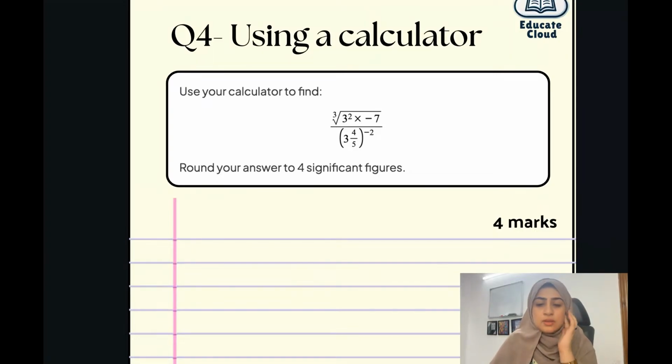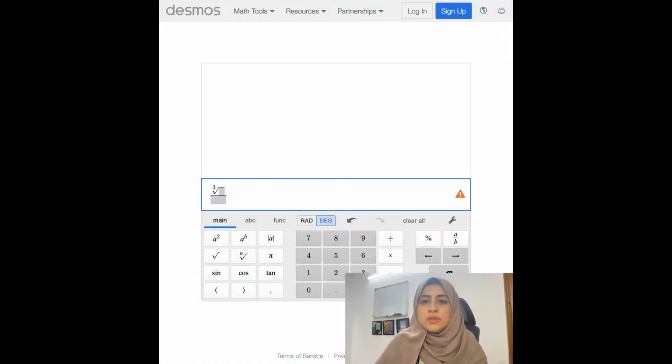First of all, we need to put in the divide bit, and then we are going to use the cube root. So we're going to put the divide bit to split it open like that.